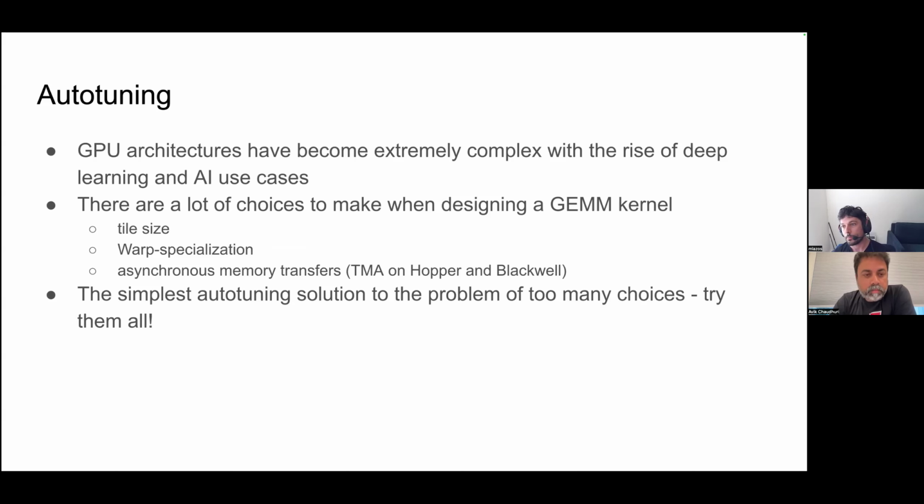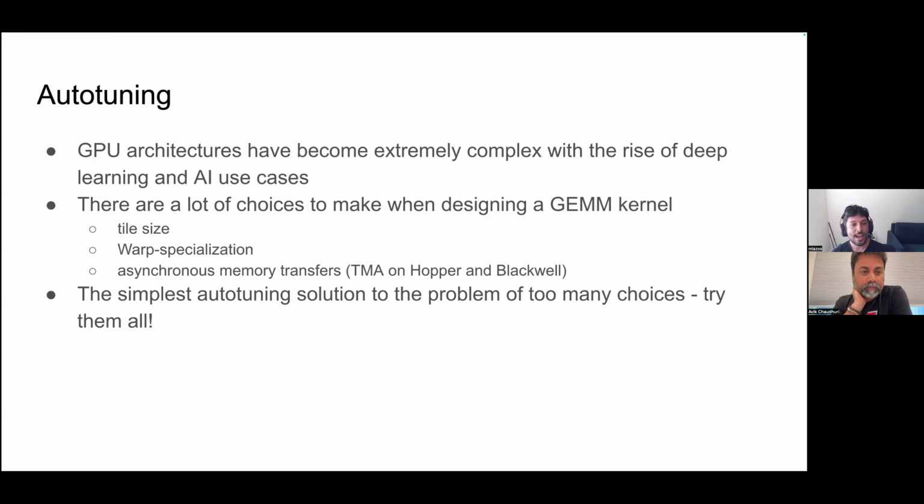Like one can be loading memory while another's doing compute. Similarly, another feature that allows finer grained control of memory and compute is asynchronous memory transfers. New NVIDIA GPUs like Hopper and Blackwell have a feature called Tensor Memory Accelerator, which allows memory to be read while the compute units are being used. This can improve performance on some workloads too. And there are also way more choices. These are just a small sample to give you a taste of what's possible.